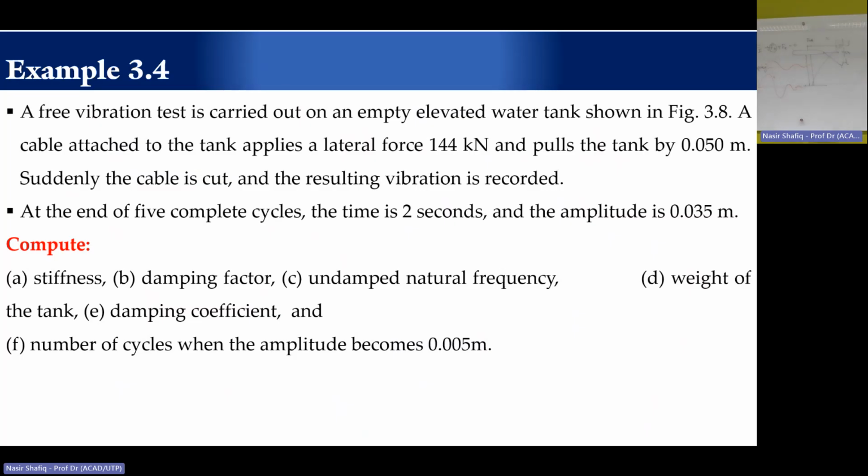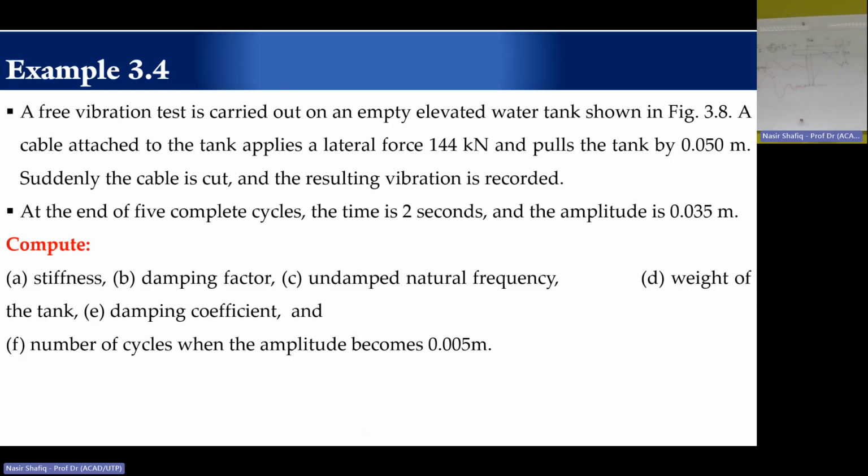At the end of 5 complete cycles, the time is 2 seconds and the amplitude is 0.035 meter.